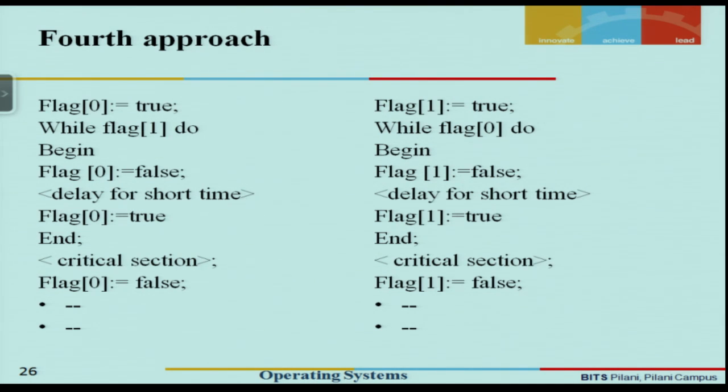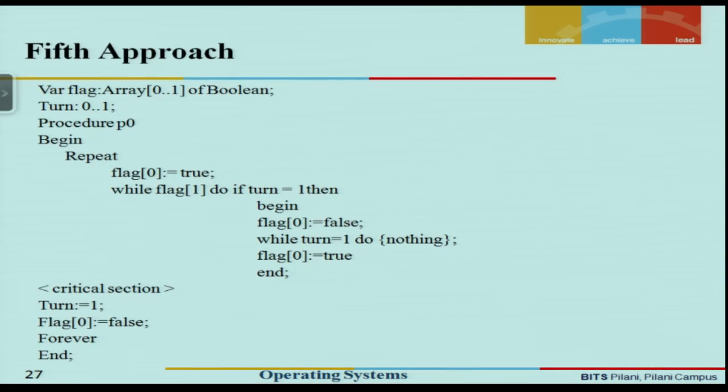Finally, I will show you a final solution, which is a correct solution. I leave it for you to analyze why this particular solution is correct. The basic fact is that I've been trying to show you various approaches. I gave you a solution in 5 steps, and the fifth approach happens to be the correct one. Why did I do it?